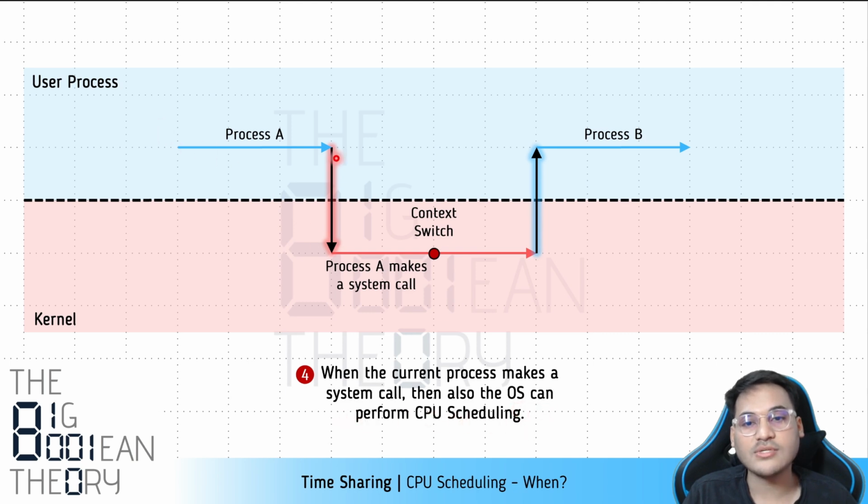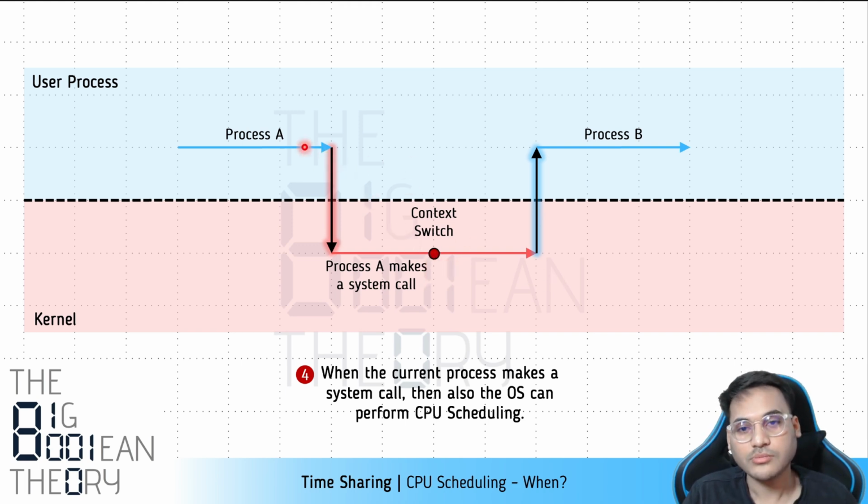So let's say the process A had requested some services from the operating system. Let's say it is trying to allocate more memory, right? So the control will go back to the operating system. The operating system will allocate more memory to the process, but it is not necessary that the control be given back to the same process. It can be given to some other process also.